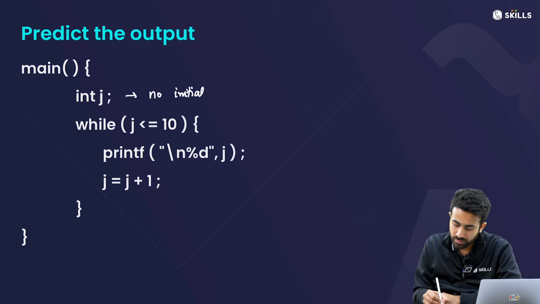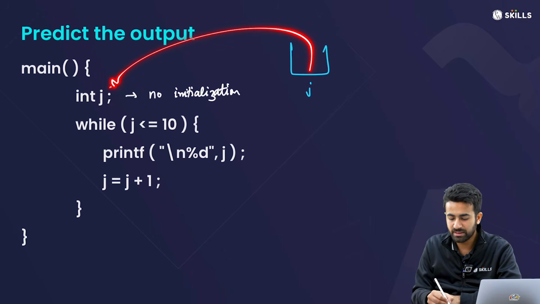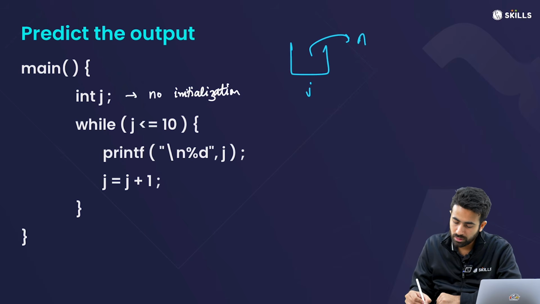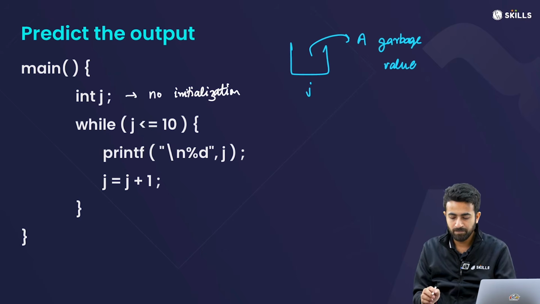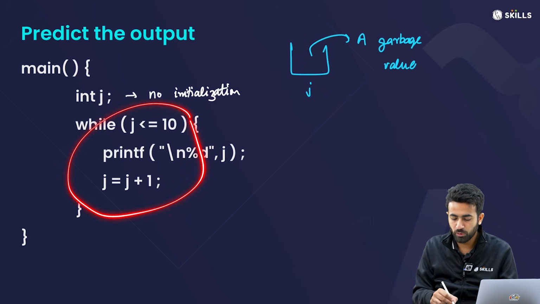In C programming, if I just make a box and do not initialize it with anything, a garbage value is stored. A garbage value can be anything. It is usually a very big value. So, for example, 1,40,000 or whatever, I'm just guessing. So the loop won't run.